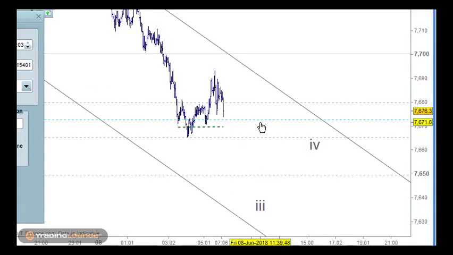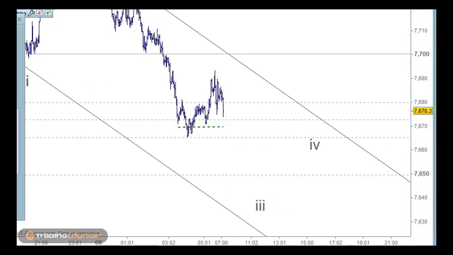If the 72 here becomes the retested resistance, then that's your trigger to short. Okay, so that 72 there, 7,672, if that becomes your retested resistance, then that's your short trade at that stage, and even that low being breached here will be fine too.